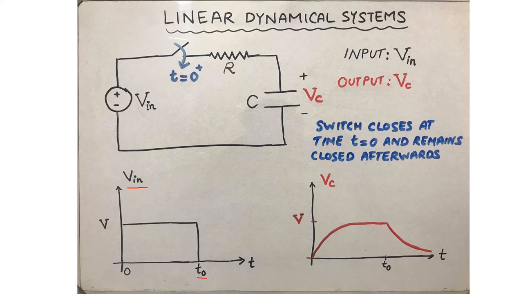For this input, I have drawn the output, which is the voltage across the capacitor, obviously, and the nature is something similar to what we saw before, except that once the capacitor voltage has reached a value V, then it decays after time t0, and that's because the input becomes 0 after t0.